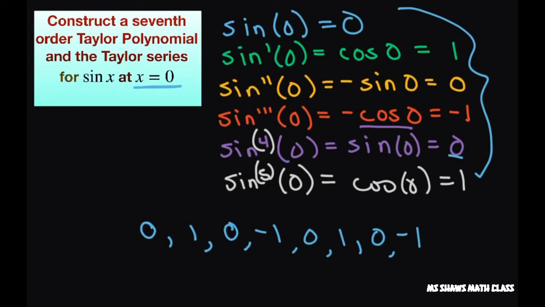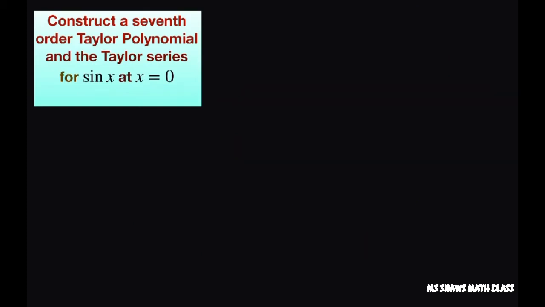And let's have this written down to make sure I don't mess up. So this is going to be the unique seventh order Taylor polynomial that matches all these derivatives at x equals 0.